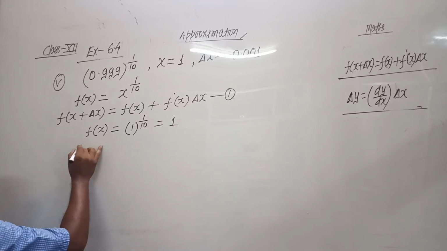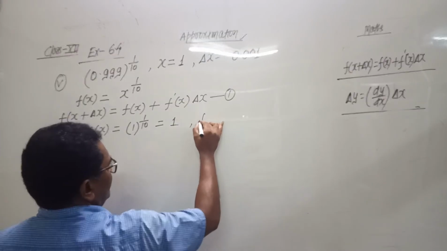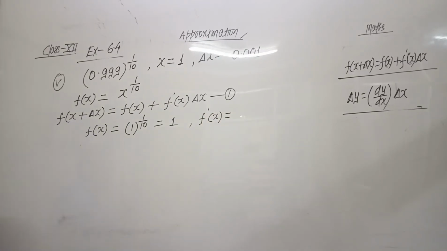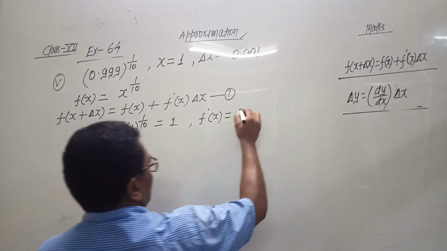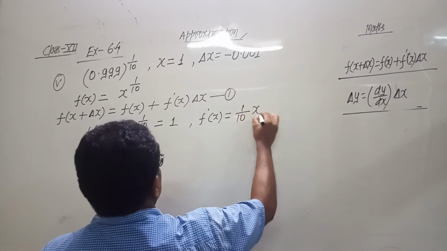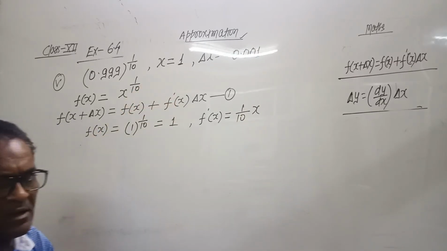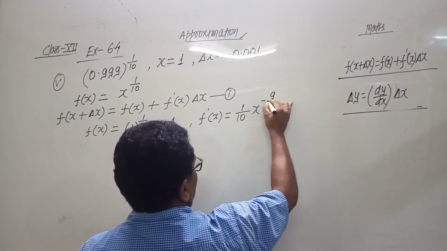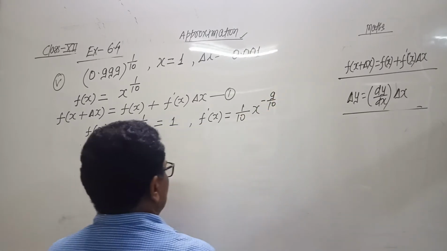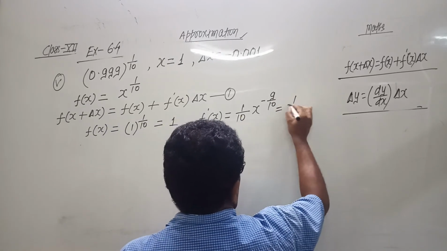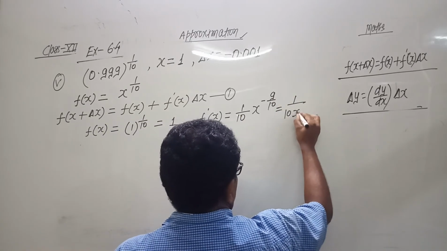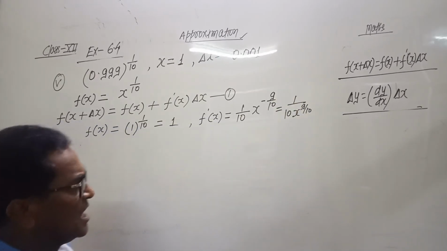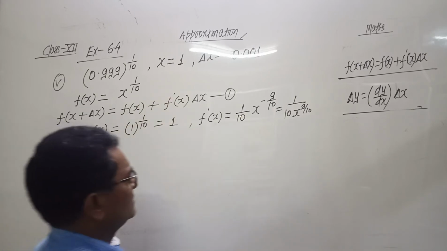Now for finding f dash x, differentiate using the form x raised to the power n. So n into x raised to the power n minus 1, that is 1 by 10 minus 1, and this is minus 9 by 10, which can also be written as 1 by 10 and x raised to the power 9 by 10 at the denominator place, and the value of x is 1.